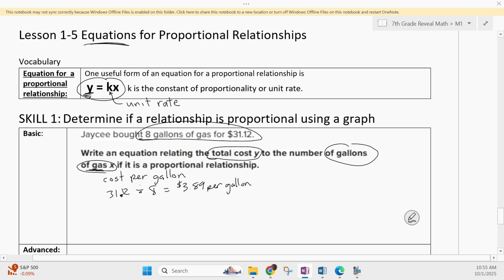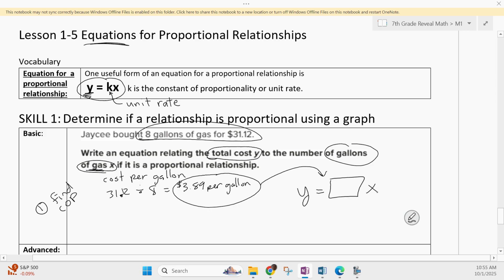So if we know the unit rate, step 1, find the cost per gallon, and then we take that and plug it into our formula, y equals blank x.